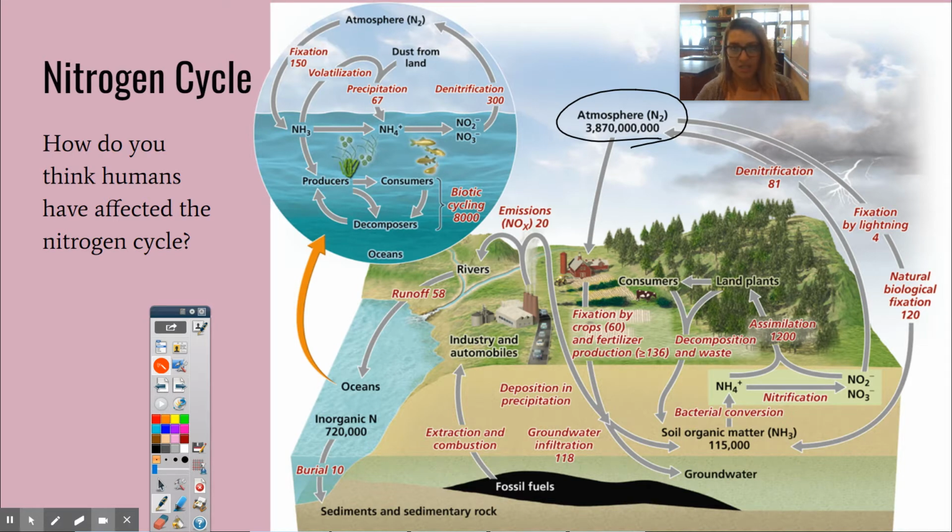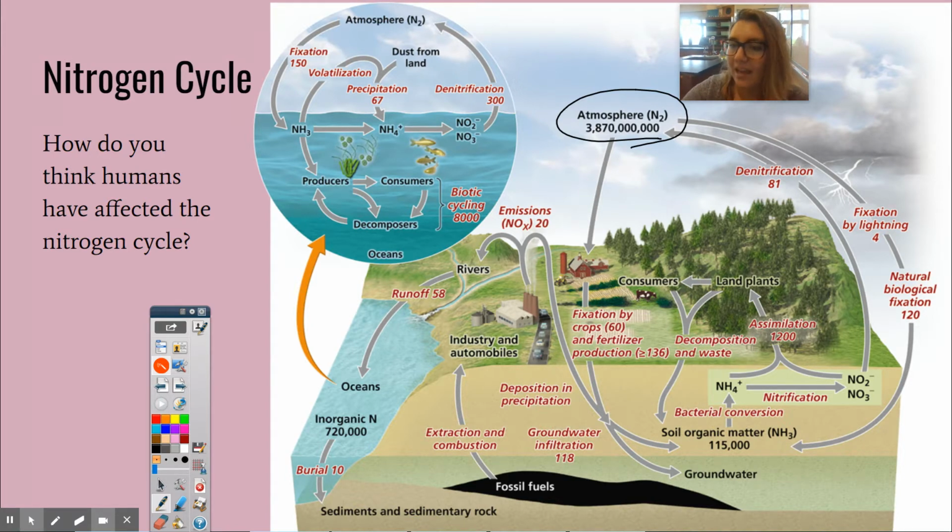Unfortunately, the nitrogen in the atmosphere is inert. We can't use it. Plants can't use it. And nitrogen is a very necessary atom for all of us. We all need nitrogen. So in order to get it out of the atmosphere, we need bacteria. Remember, bacteria are super important.